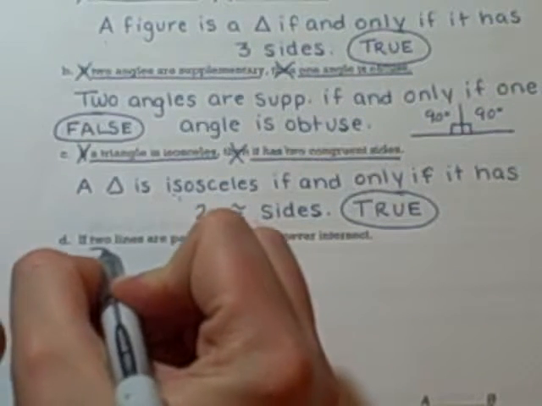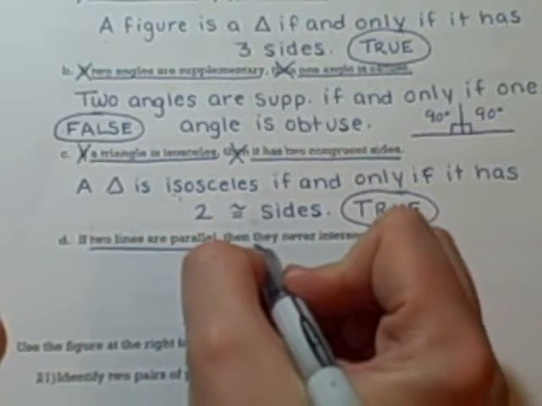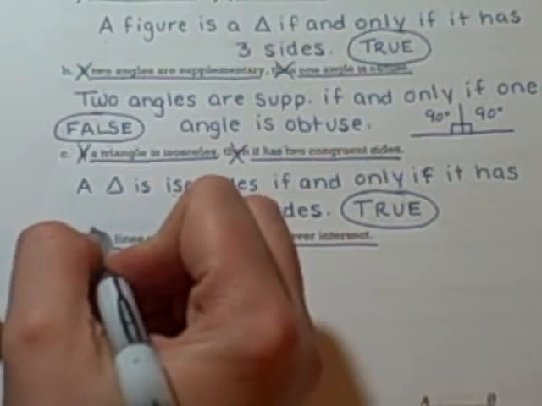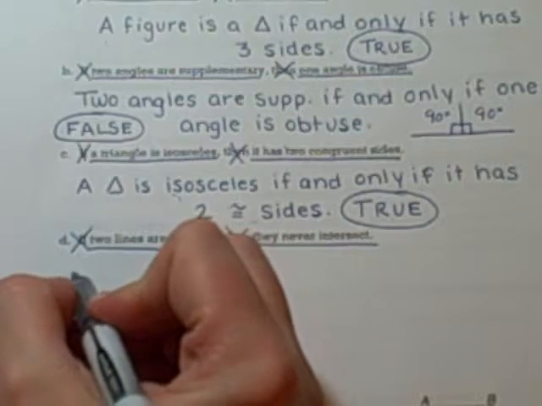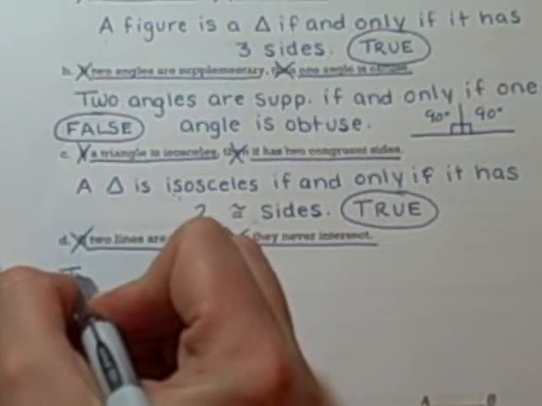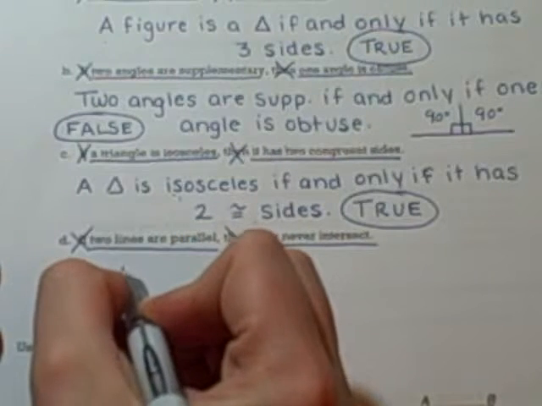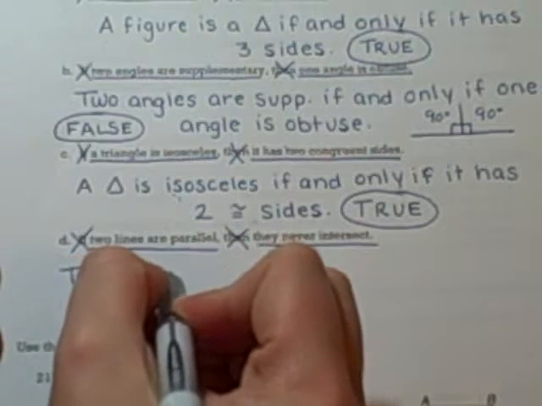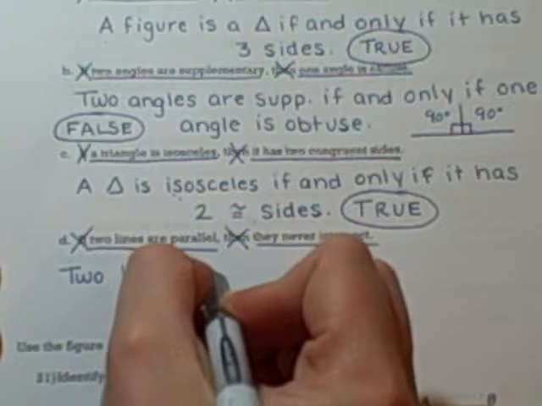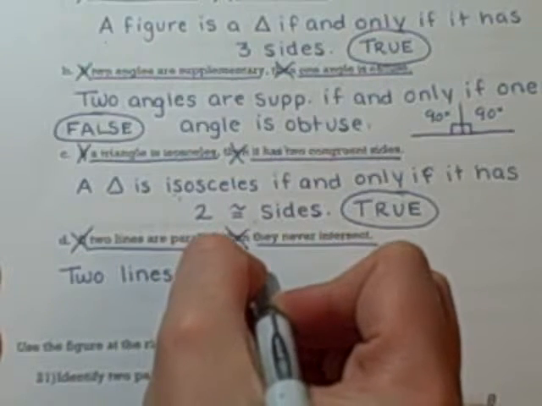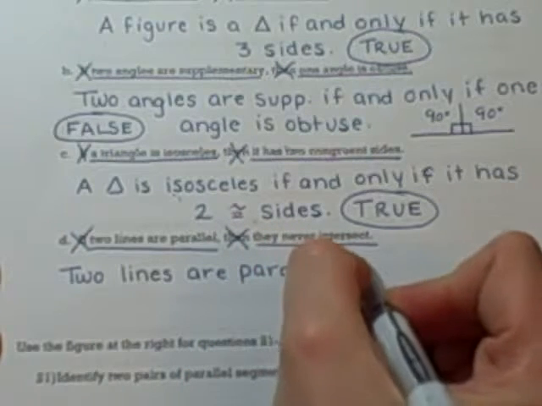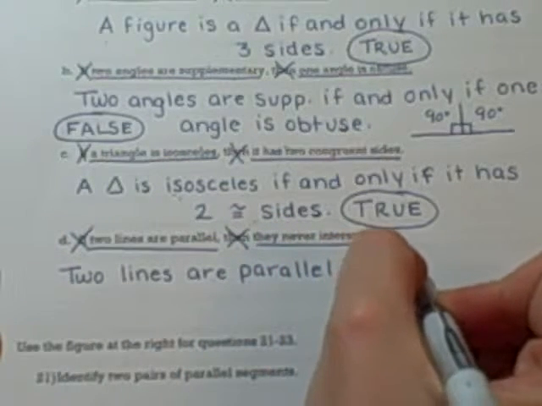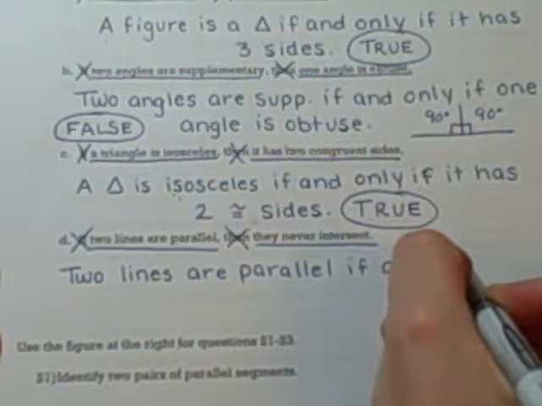Okay, last one of those. If two lines are parallel, then they never intersect. Cross off that, and we'll put if and only if in the middle. So, two lines are parallel if and only if they never intersect.